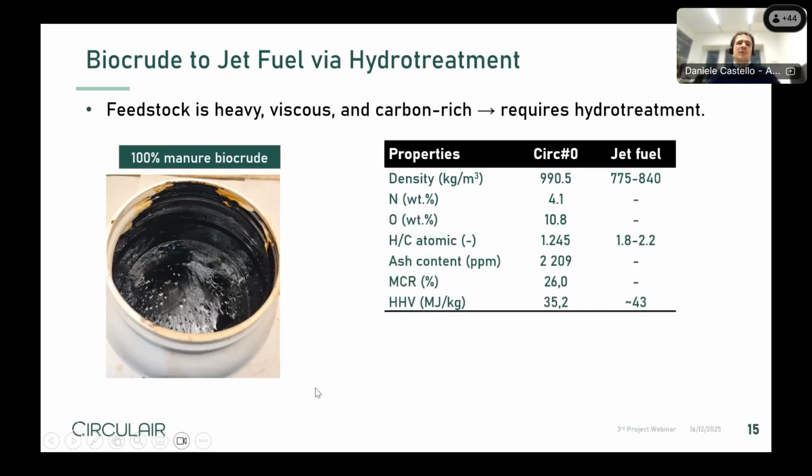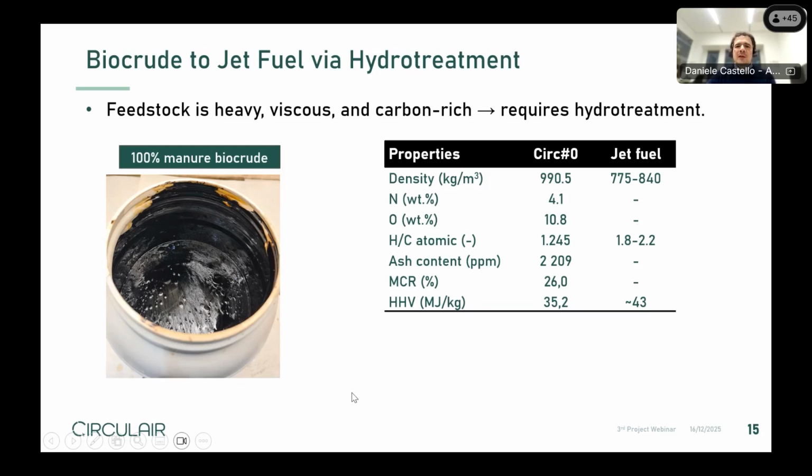Here at Aalborg University we took an approach based on fixed bed hydrotreating, and we started from this 100% manure biocrude. We just performed a filtration, so we extracted the oil part, but we didn't do the demineralization because we are working here at a bit higher scale, around a 10 kilo batch.